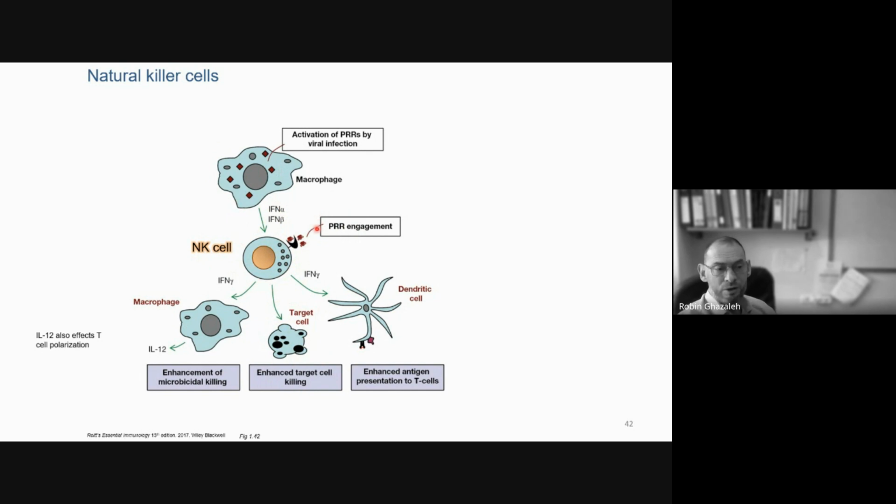Those signatures are called pathogen-associated molecular patterns, and those are recognized by pathogen recognition receptors, or to be precise, PAMP, pathogen-associated molecular pattern recognition receptors, on the surface also of natural killer cells.